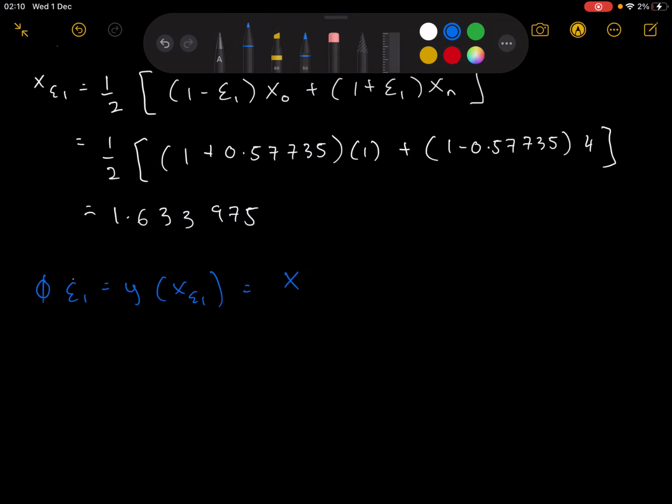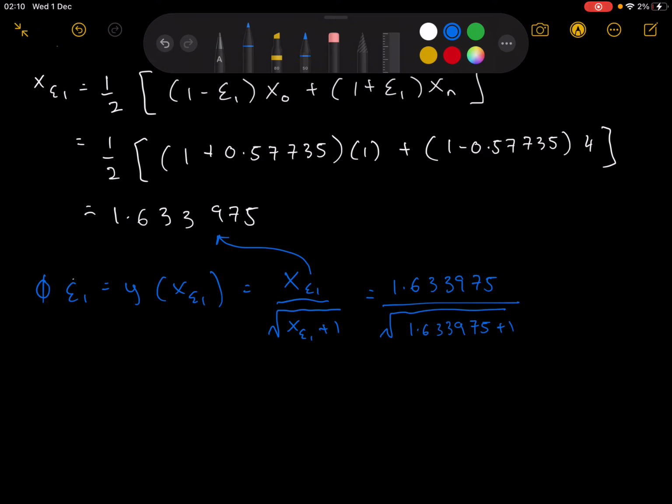So for x zeta 1, it will become x zeta 1 over square root x zeta 1 plus 1, which is 1.633975 over square root 1.633975 plus 1, which is equals to 1.00679.